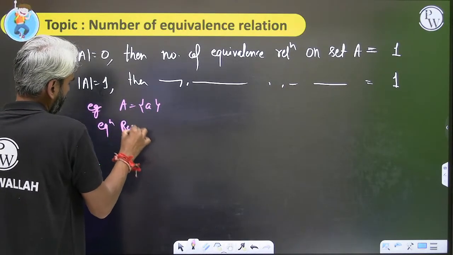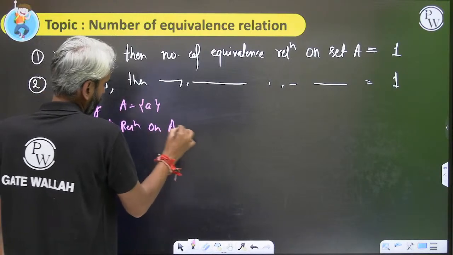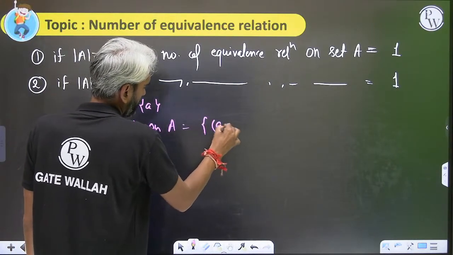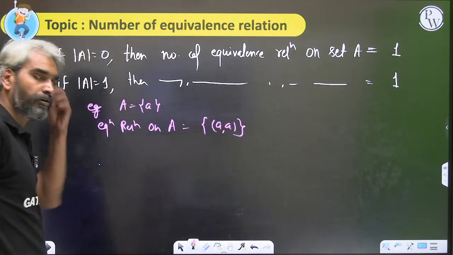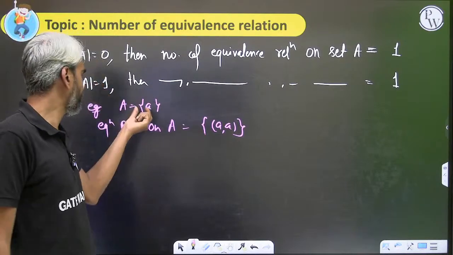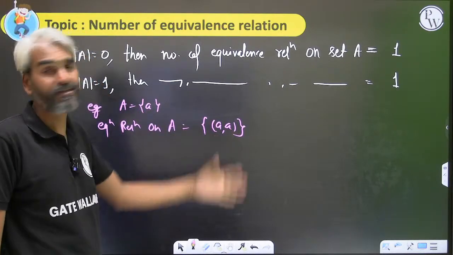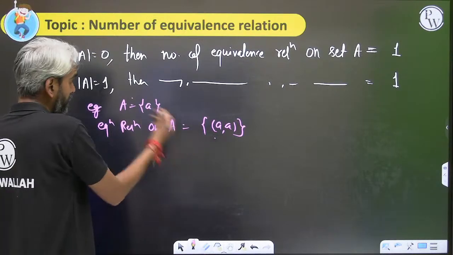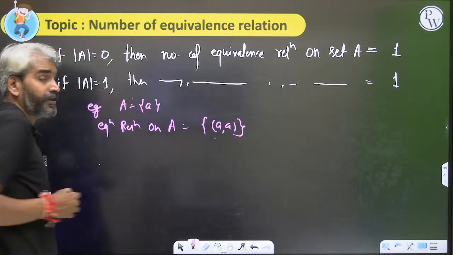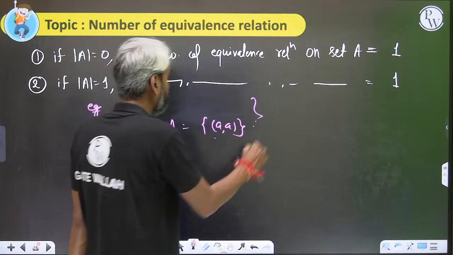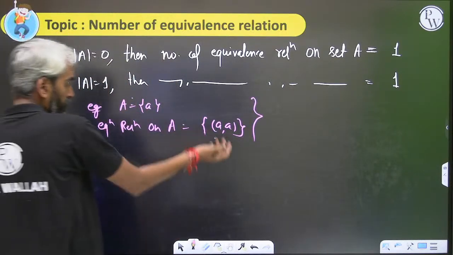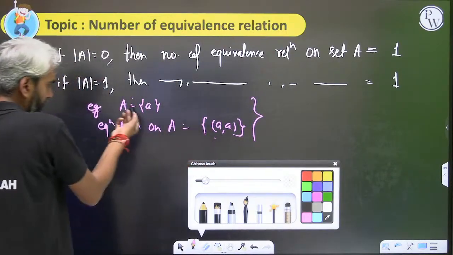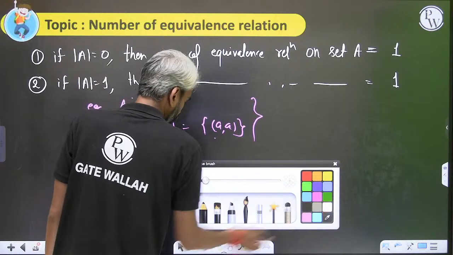Relation on A: the ordered pair, obviously there is only one ordered pair with this, that is (a, a). Now please check, is it reflexive on set A? Yes sir. Is it symmetric on set A? Yes sir. Is it transitive on set A? Yes sir. So this is the only equivalence relation on set A. So there is only one equivalence relation on set A if the cardinality of set A is 1.